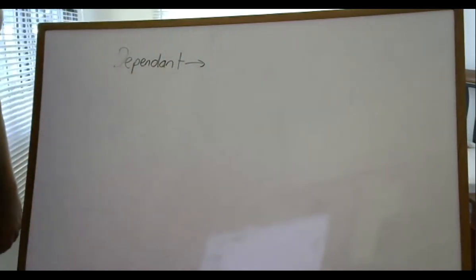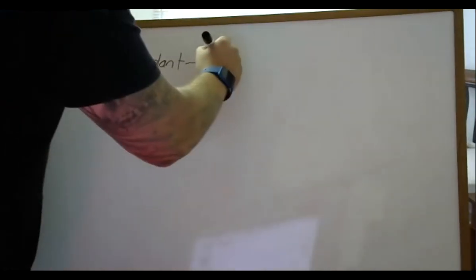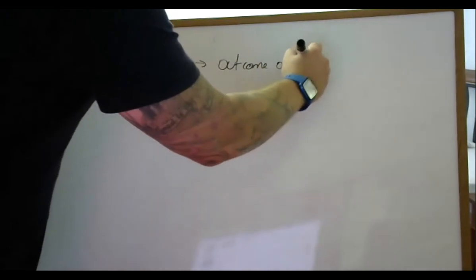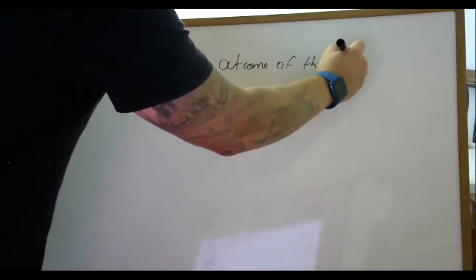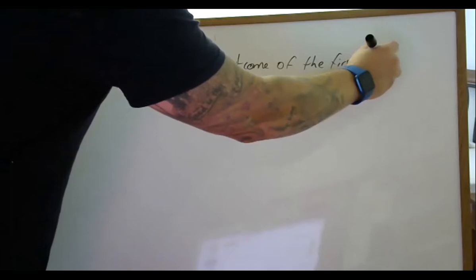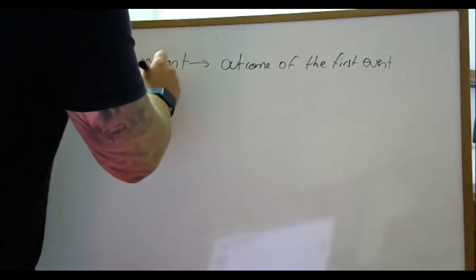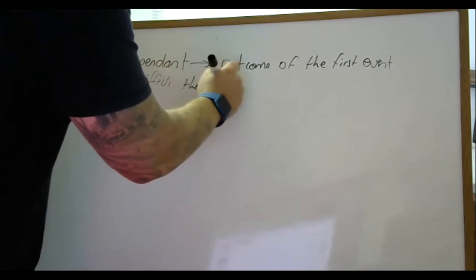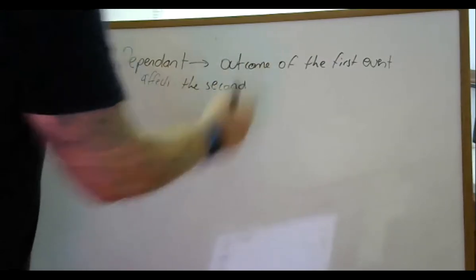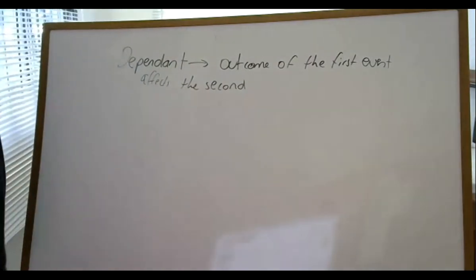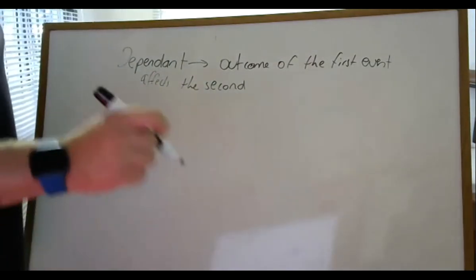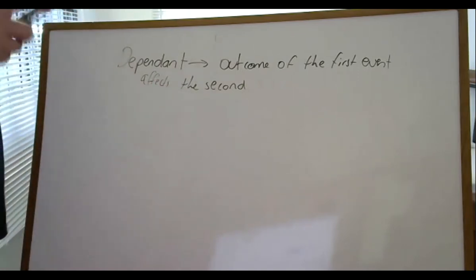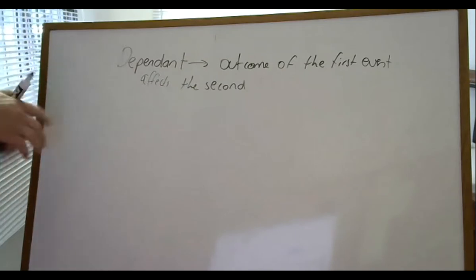Meaning the outcome of the first event affects the second. So if two things are independent, the outcome of the first event does not affect the second.